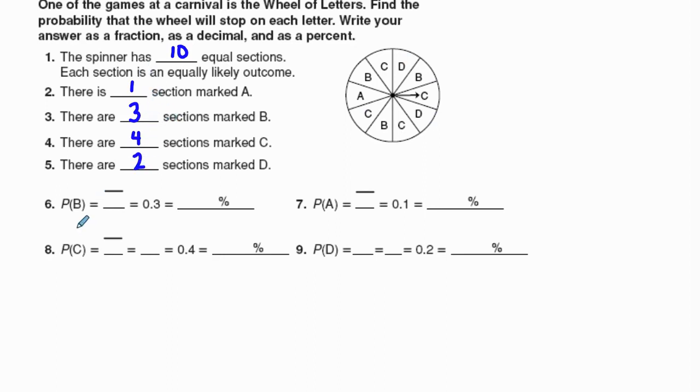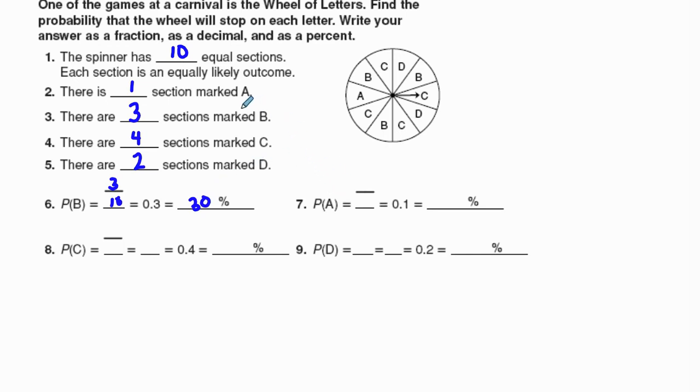Okay, so now we're going to find the probability of each thing. Remember that P in parentheses means probability. So probability of spinning a B. There are 3 B's out of 10 sections. 3/10 as a decimal is 0.3, and as a percent is 30%.